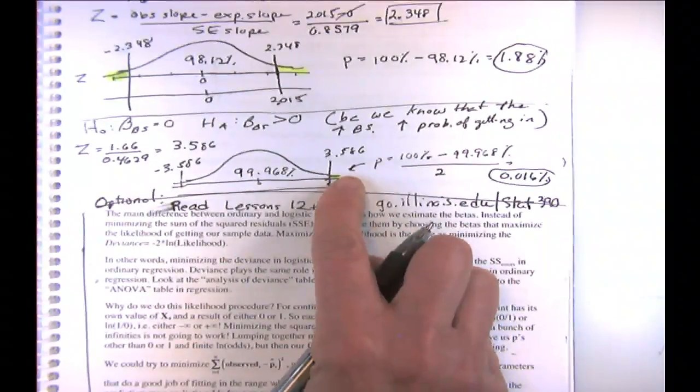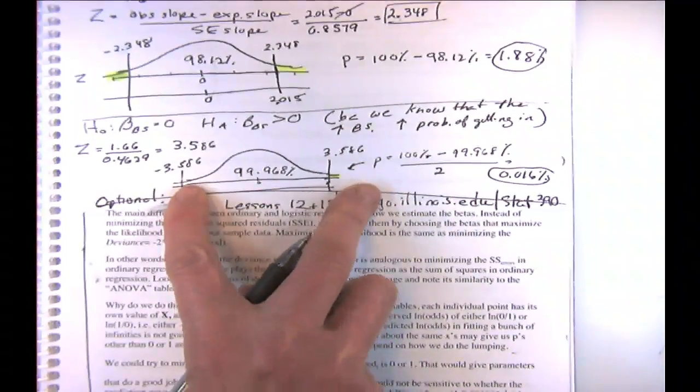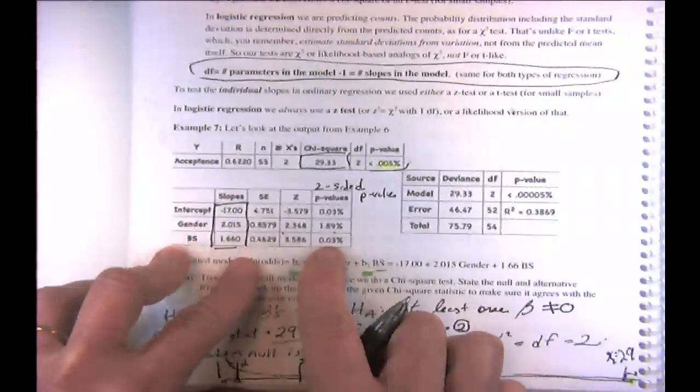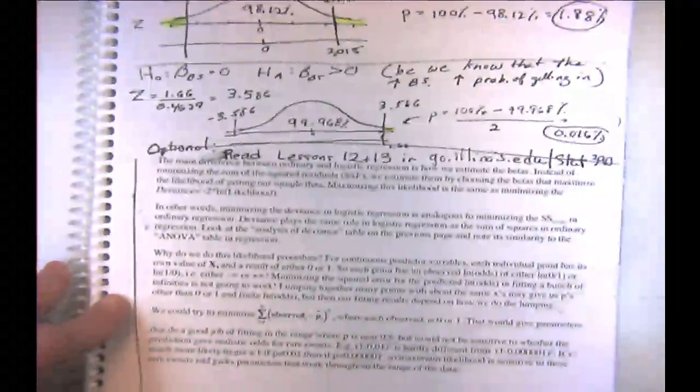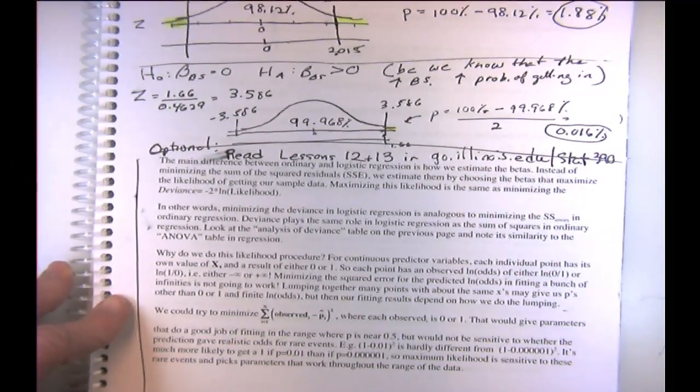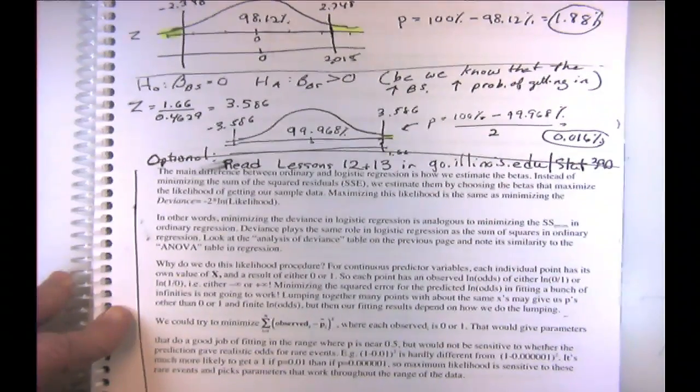But it's one-sided, so it will be double that in the printout, probably, because they gave two-sided, and it is. It's about double that. Any questions on that? Okay.